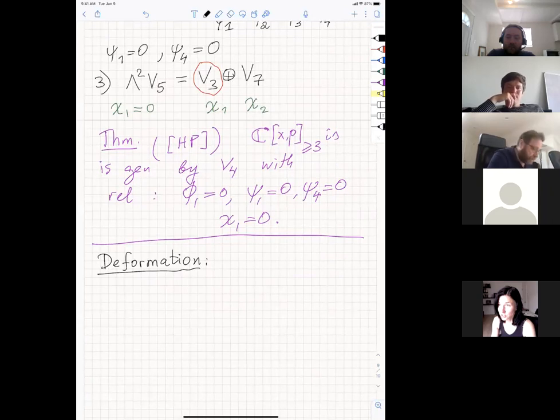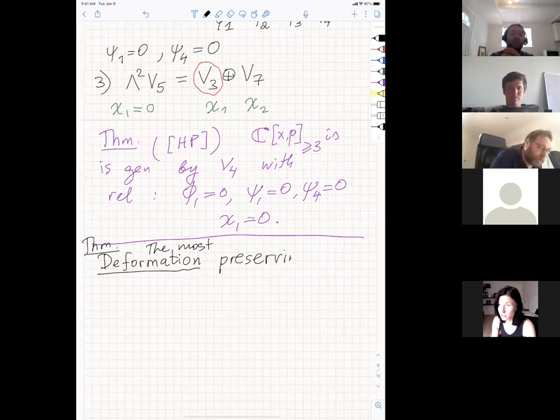First, the most general deformation. This is a theorem that we prove: the most general deformation preserving appropriate filtrations. I will not detail this too much because I want to get to the Deligne categories.